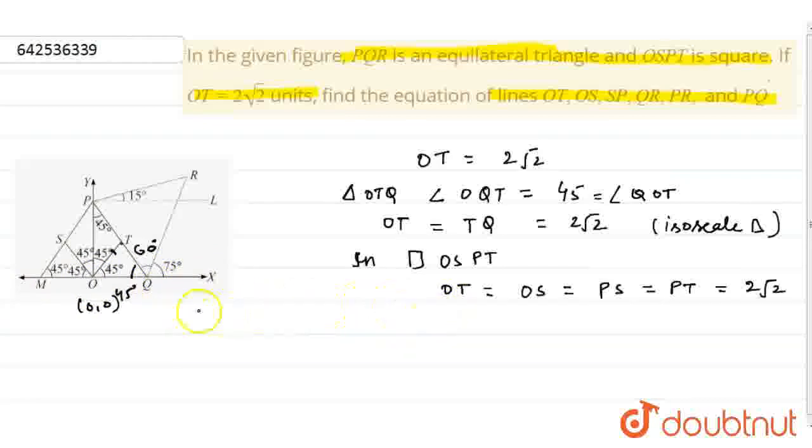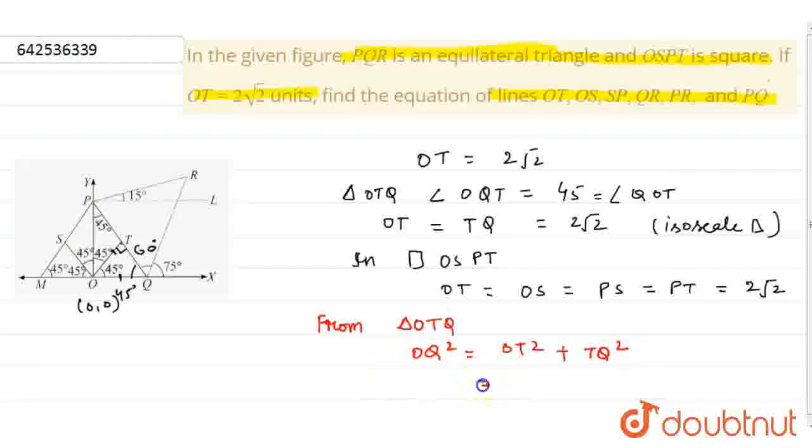So for this, simply we have two sides of this triangle and this is the 90 degree, right? So we can find out the length of OQ from this triangle OTQ. We apply the Pythagoras theorem. So OQ square is equal to OT square plus TQ square, right?